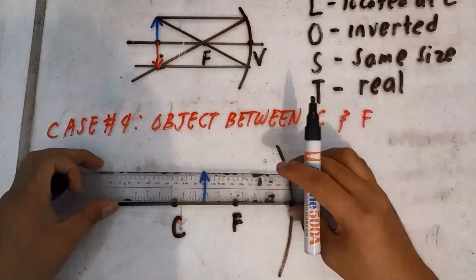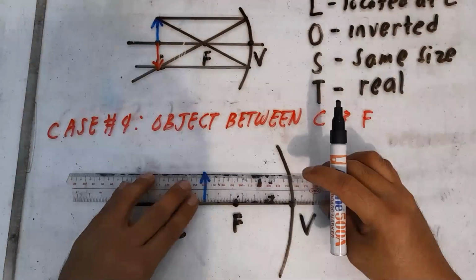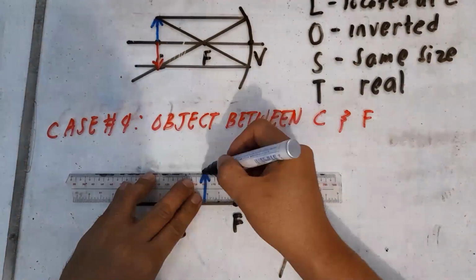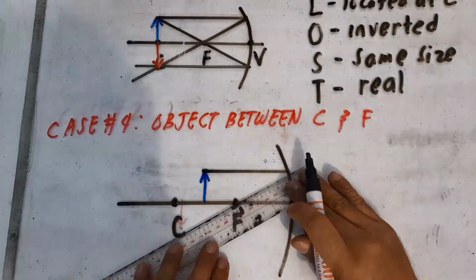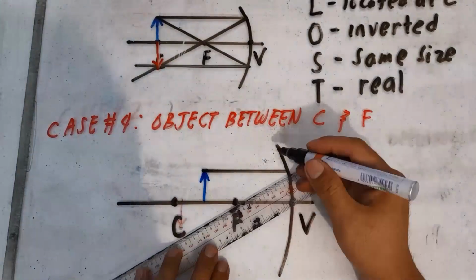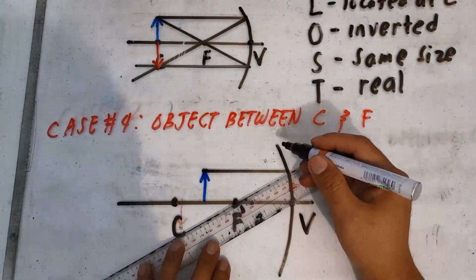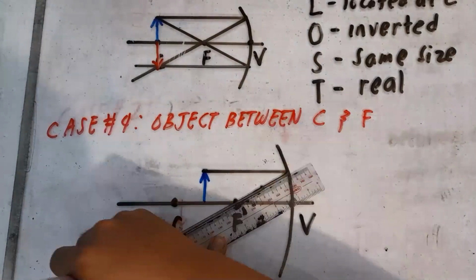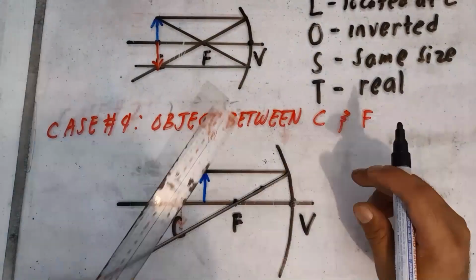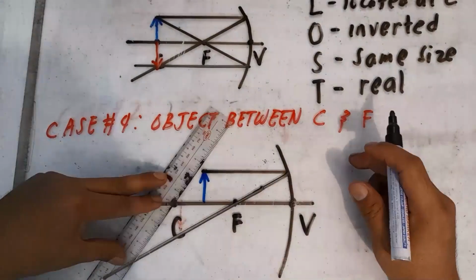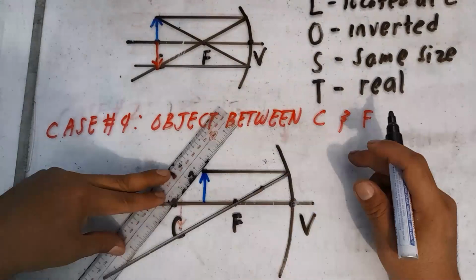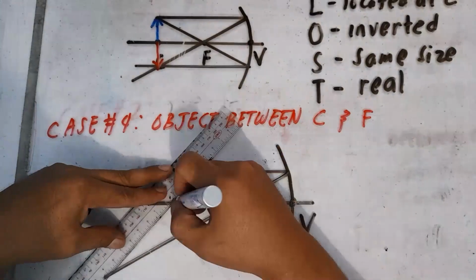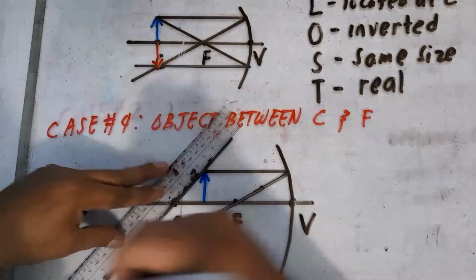The first light ray is a ray parallel to the principal axis. And then it will be reflecting, passing through the principal focus. And then the second light ray is a ray passing through the center of the curvature, and reflected in the same direction.